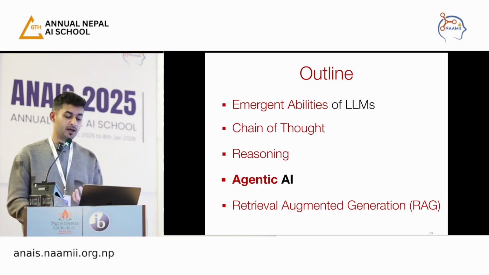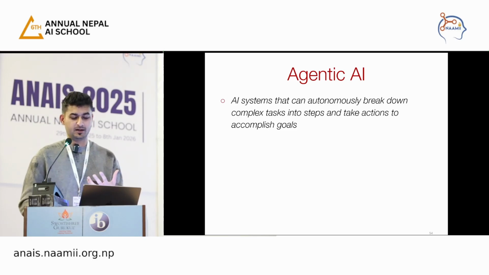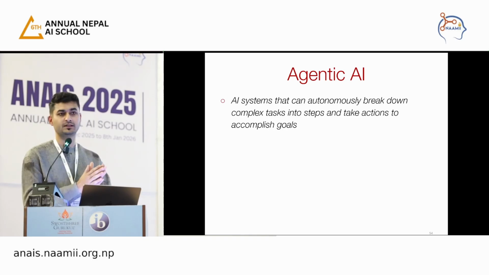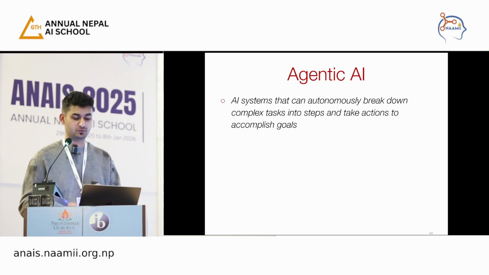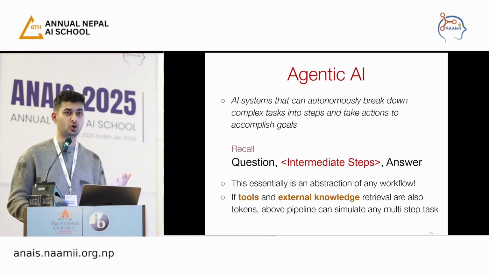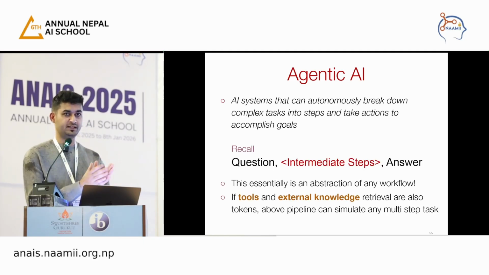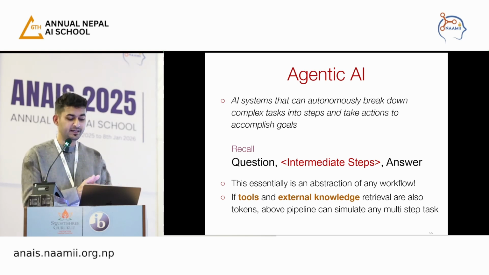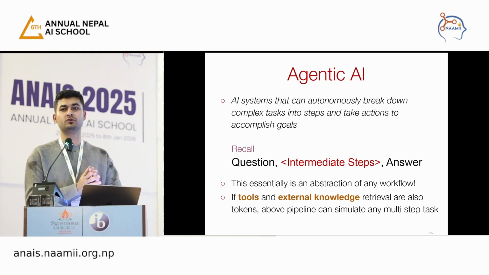So what is an agentic AI framework? It's a system that can autonomously break down complex tasks into steps and take actions to accomplish the objectives of each of those steps. If we recall from the reasoning, we had a question and an answer, and there were some intermediate steps. So this is essentially an abstraction of any workflow that we do.